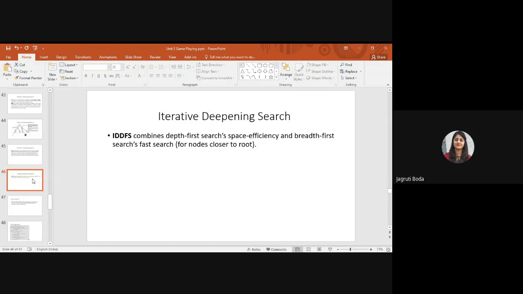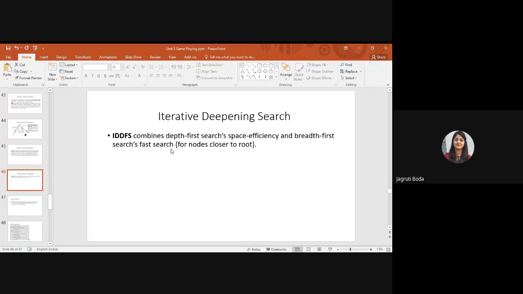Now we come to the topic, iterative deepening search. It is also called IDDFS. It combines depth first search, space efficiency, and breadth first search, fast search. We already saw that DFS takes more time compared to BFS, and DFS requires less space compared to BFS.